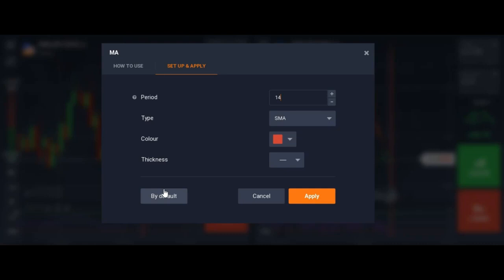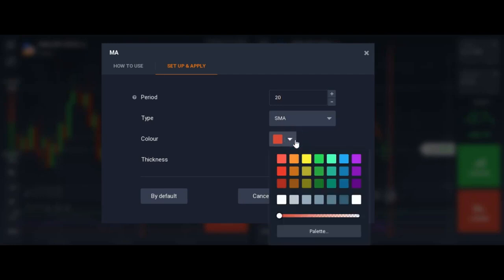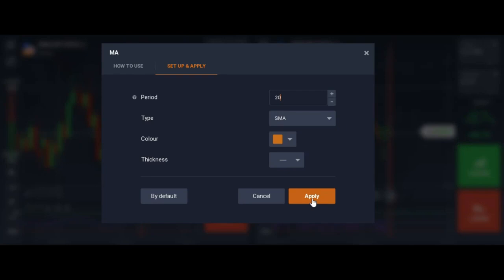Moving averages. In period, we put 20. In type, we are going to put SMA in orange color. Moving averages help us identify the trend of the asset.